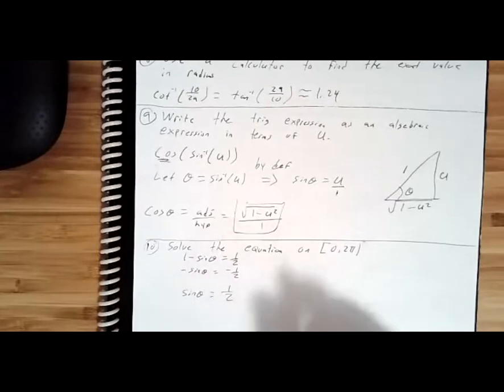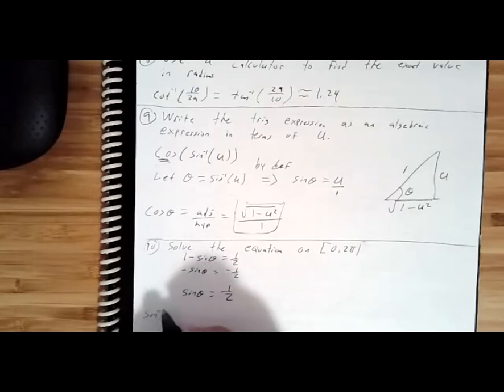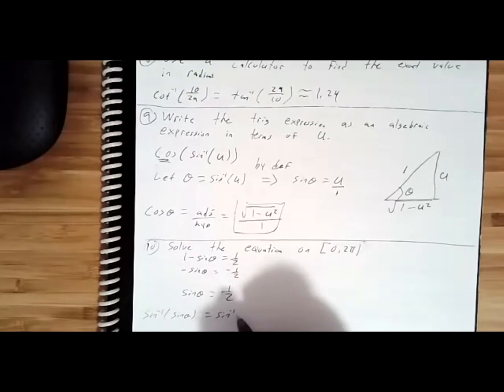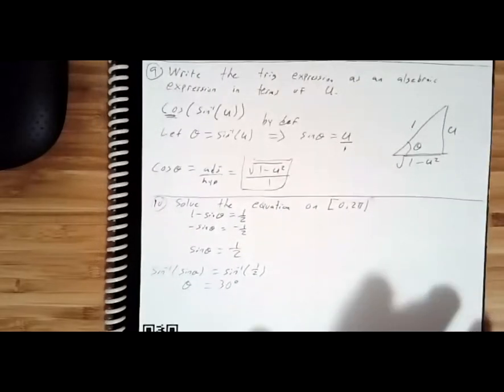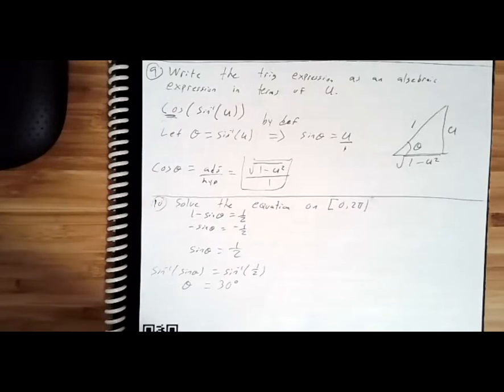Once you've done that, you introduce sine inverse on both sides. So then this becomes theta equal to, basically if you use this in your calculator, that'll be 30 degrees. Now remember how we said there's 2 locations because the inverse sine can only give you one of them because it's restricted to the right half of the circle.